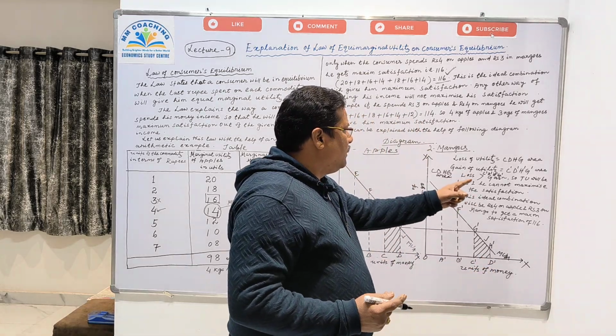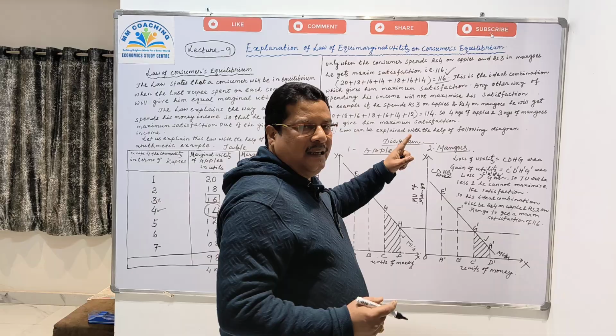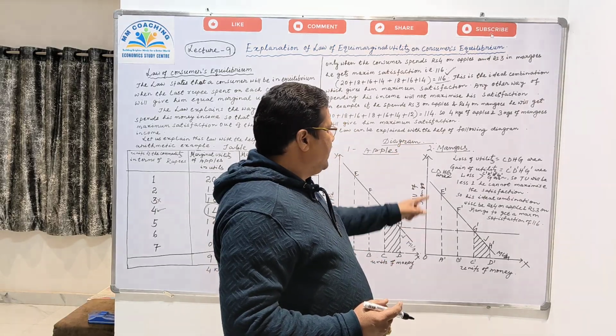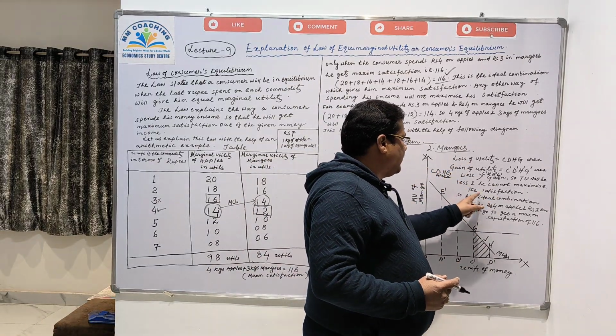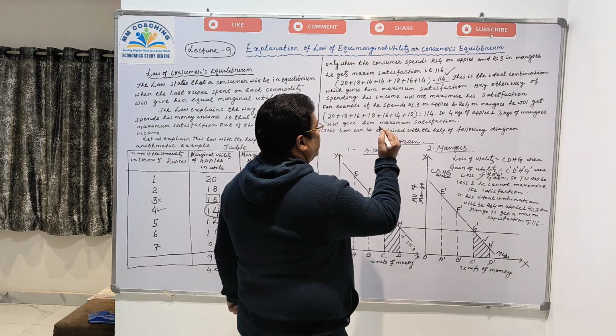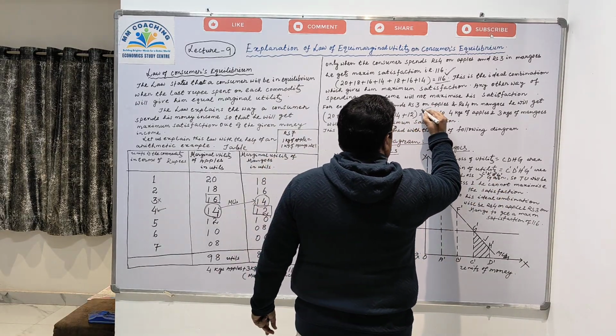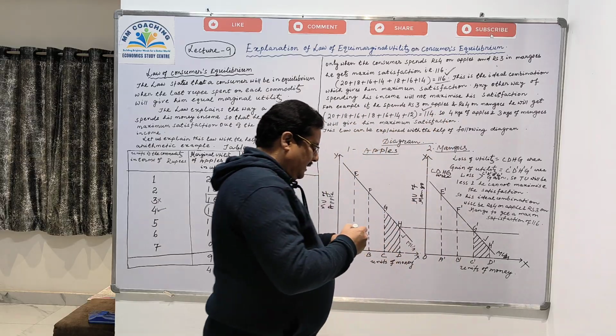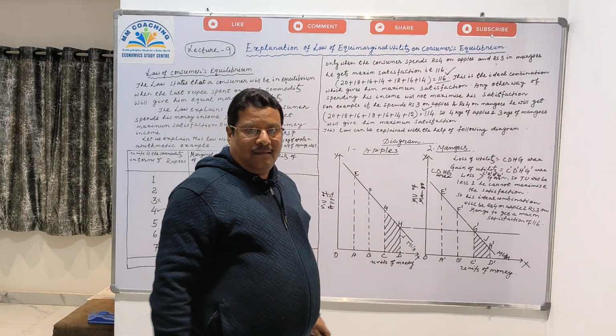So total utility will be less and he cannot maximize the satisfaction, and that will come as 114.